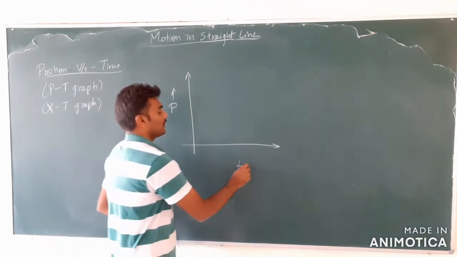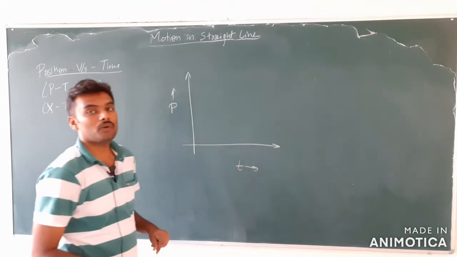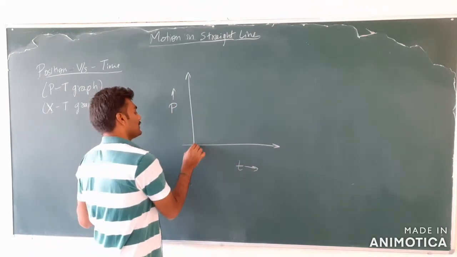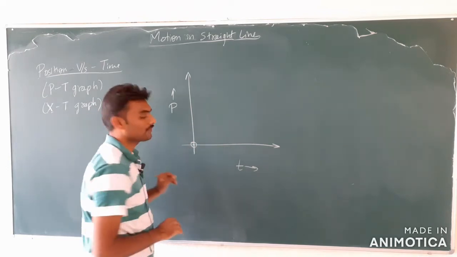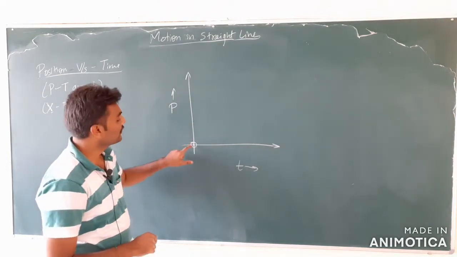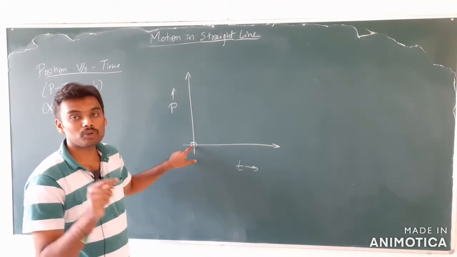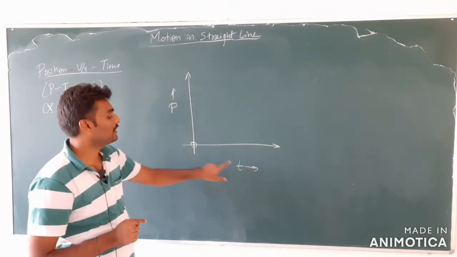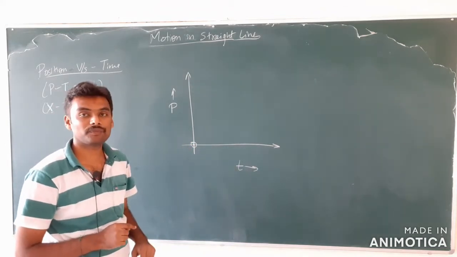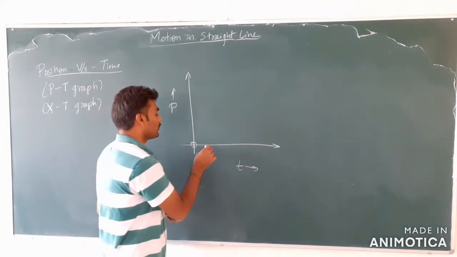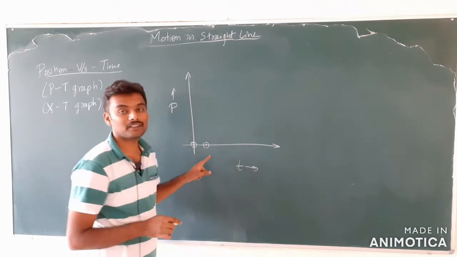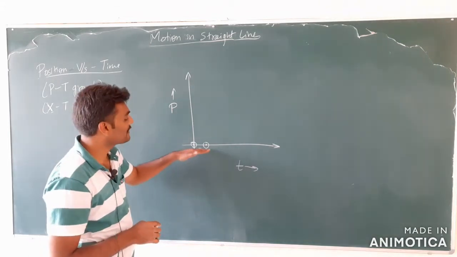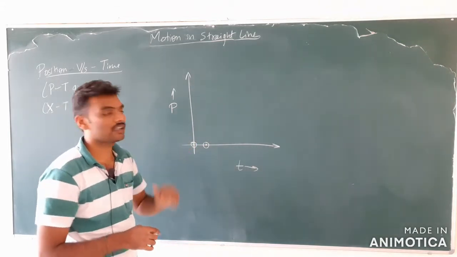Now, what if I take a point here on the origin? It means that the body is at position 0 when the time is 0. And then if I take one more point here, it means that the body is still at 0 position after a certain time.